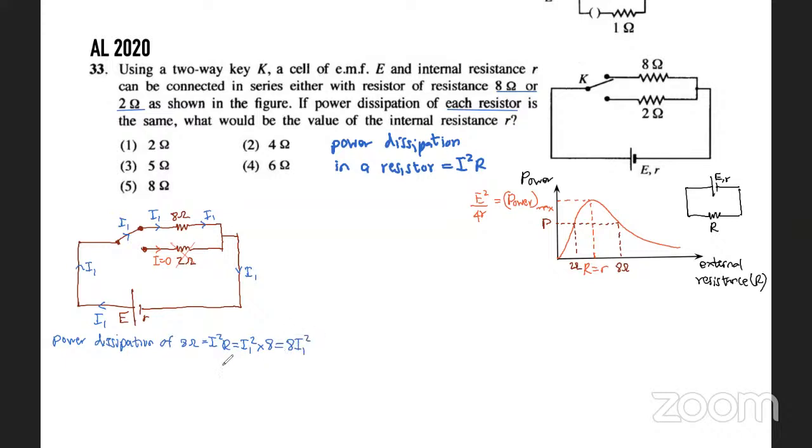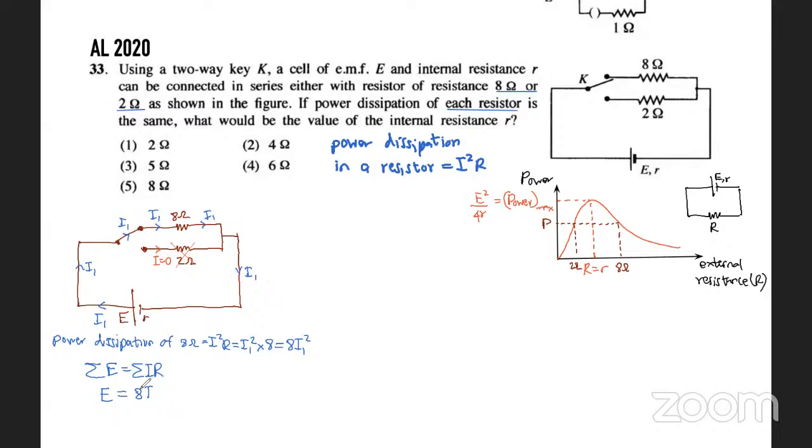And furthermore, let me apply Kirchhoff's law: sigma E equals sigma IR. Sigma E is the only battery here, E. And for IR, what should I put, people? I think I have to put 8 I1 plus I1 R, correct?